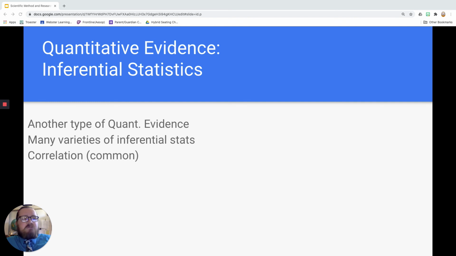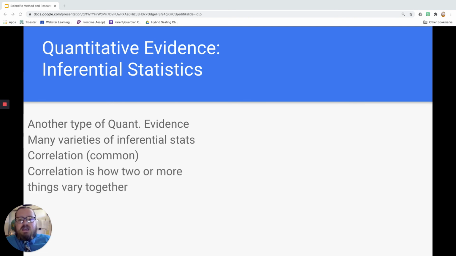A common type of inferential statistics is correlation. There are certainly other kinds, but what we will most typically deal with in this course is correlation. And correlation is how two or more things vary or change together. An example of this is income and happiness.